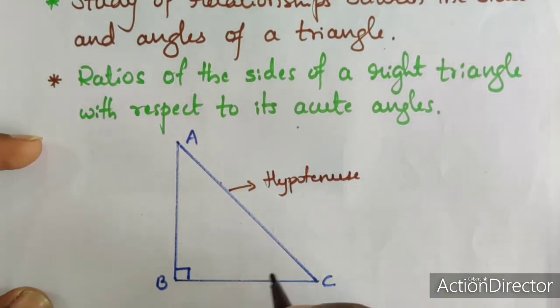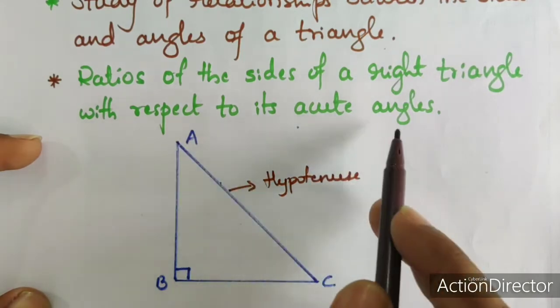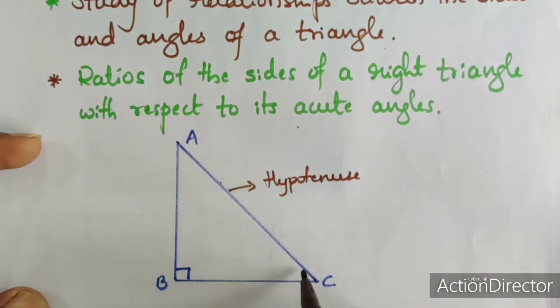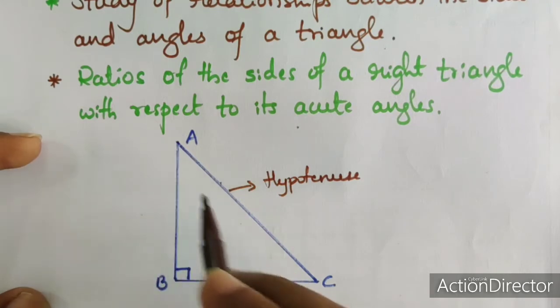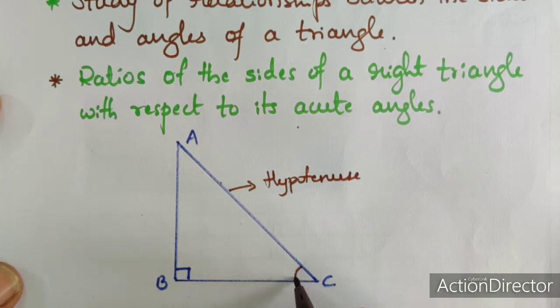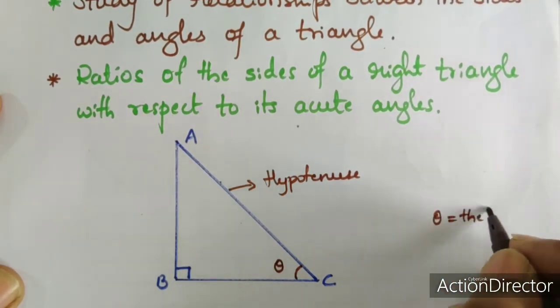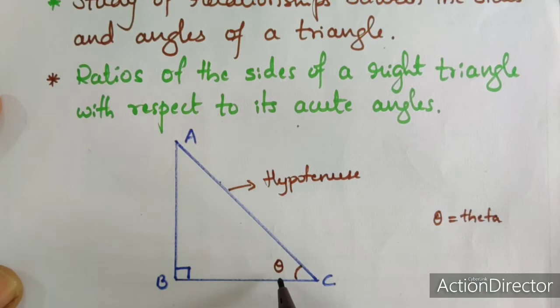But in trigonometry we will have the ratios of a right angle triangle with respect to acute angles. That means with respect to either this angle or this angle I have to use the ratios. For example, with respect to this angle, you can say angle C, or in trigonometry you will get one new letter which is called theta. It is just another symbol. You can even use X, Y or any other letter here, no issues.